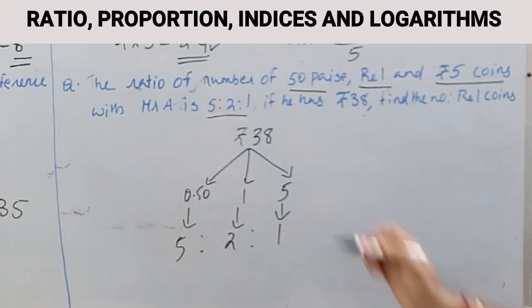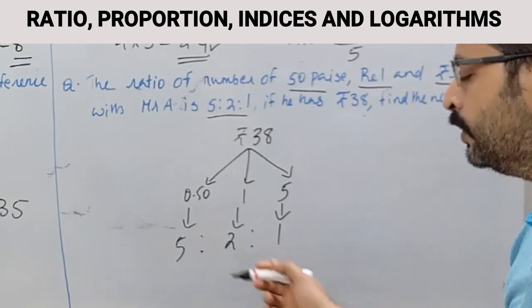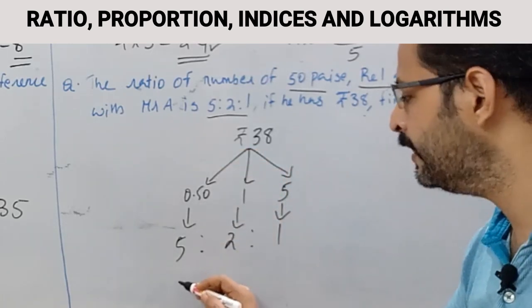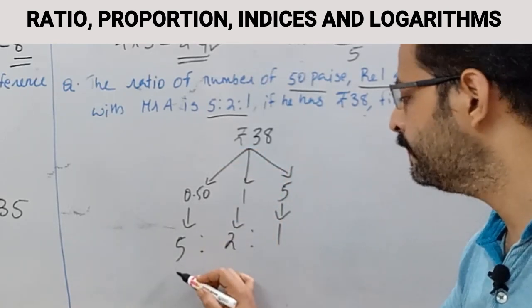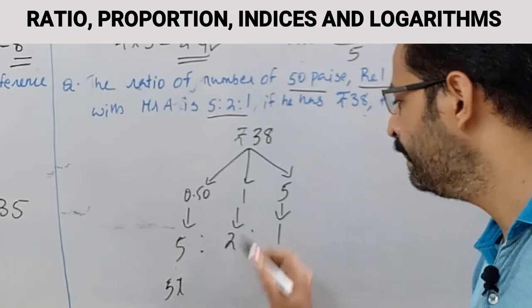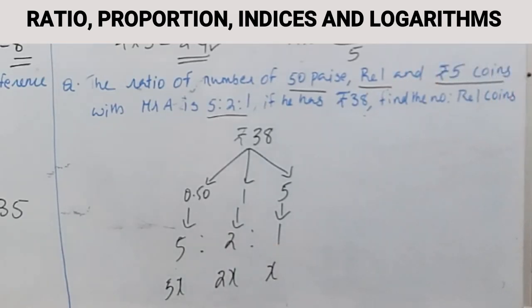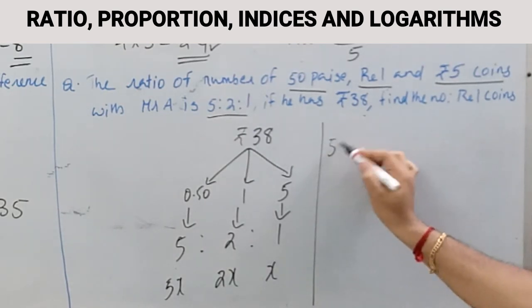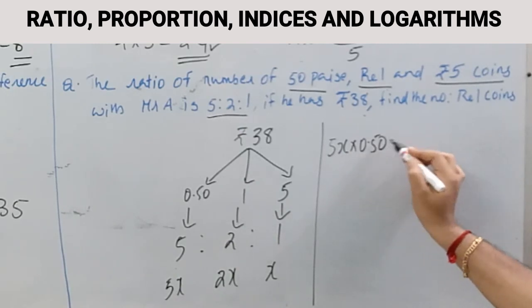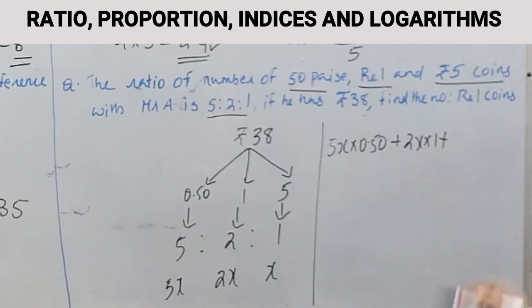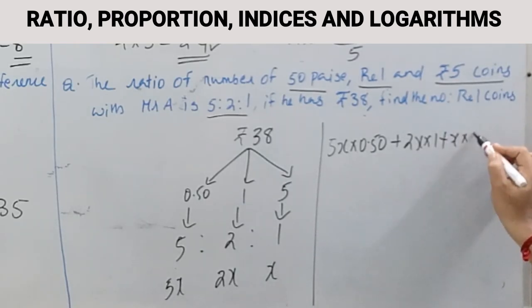Applying the property of ratio, we can multiply this with a non-zero number, let it be x. Therefore, the actual number of 50 paise coins with him is 5x, 1 rupee coins 2x, and 5 rupee coins x. Then 5x 50 paise coins means 5x into 0.50, plus 2x 1 rupee coins, 2x into 1, plus x 5 rupee coins, sum up to rupees 38.